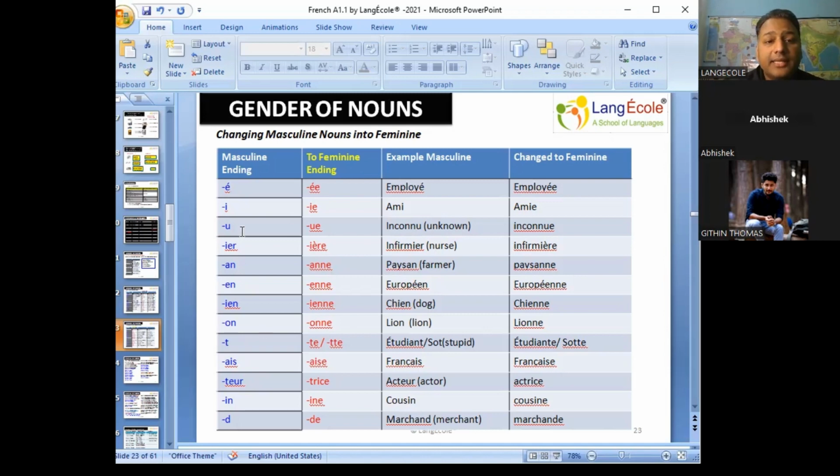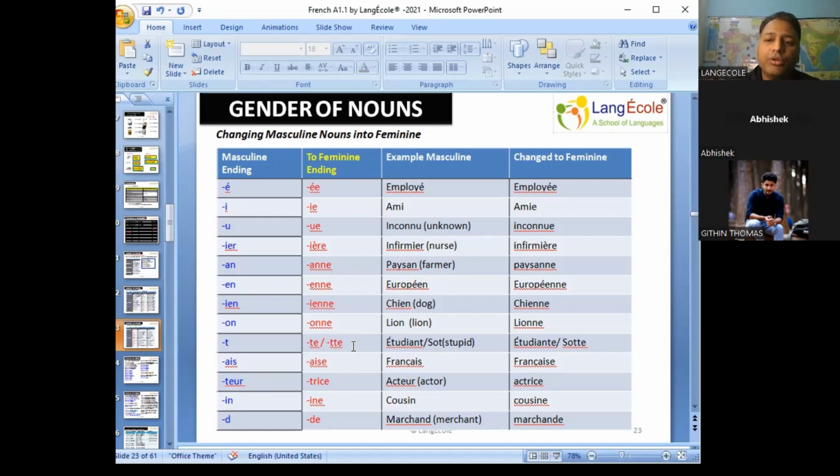And in the case of nationality also, you can change it by adding some endings. For example, for most nationalities you'll add ne or te extra and then it will be changed, or just e extra and it will be changed to feminine. In some adjectives, for example colors, and heights or something like that, like fat or thin, in those cases also you'll be able to change it to feminine, like gros becomes grosse.